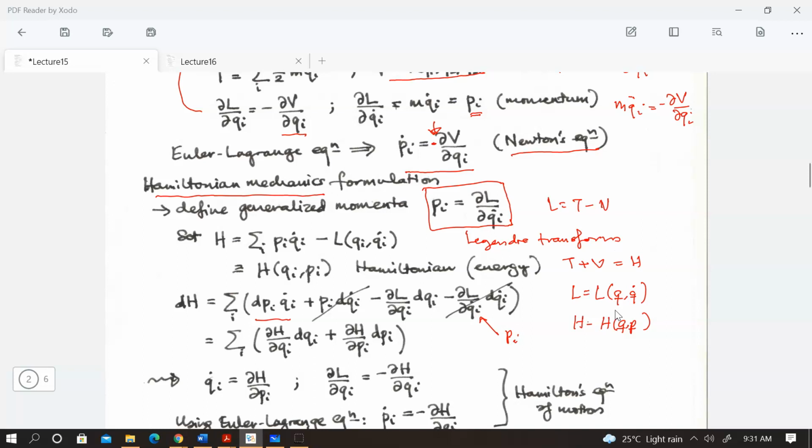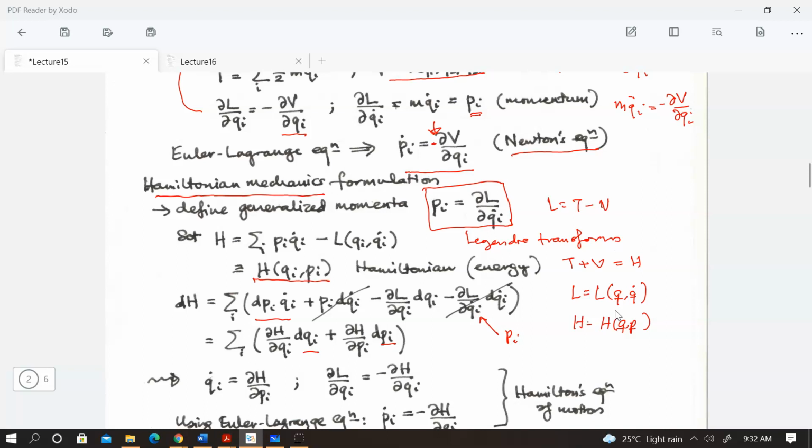But what's the H? If I treat it as a function of q and p here, then this would just give you partial H partial q dq_i plus partial H partial p dp_i. And then you start to compare between these two different expressions. Then what do you get? You get q_i dot dp_i.